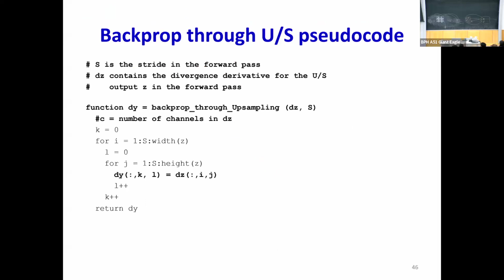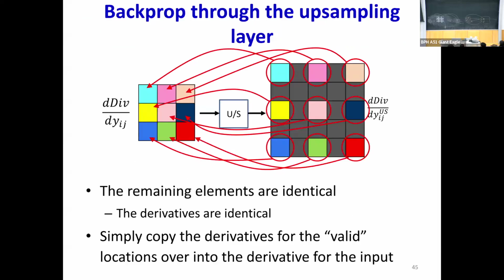So for example, out here, just to make things annoying, let's say going forward, you actually scaled things by a factor of 2. Then you would have padded zeros out on the right and out at the bottom, right?